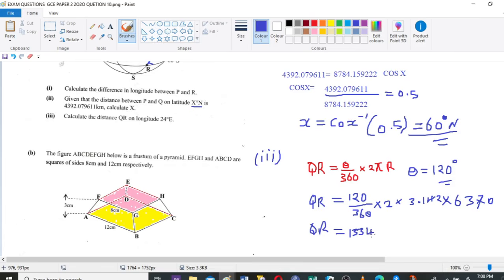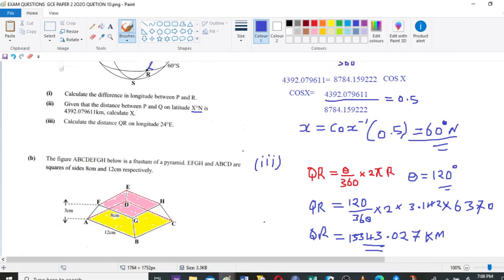That's the answer that I'm getting here. So just make sure you follow the same procedure, and you should be able to get the same answer. And that is in kilometers. All right, so that is what we have.